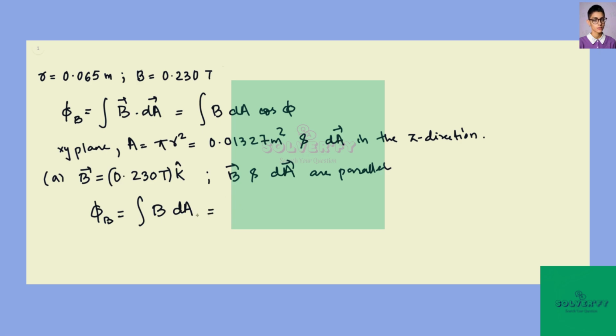Since magnetic field is constant, we can take it out of the integration. So we are left with just the integration over the small area, which is the total area. So this is B times area. We have the magnetic field and we found the area over here. So the flux in the first part will be 3.05 times 10 to the power minus 3 Weber.